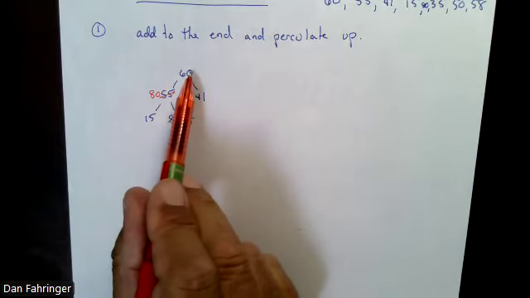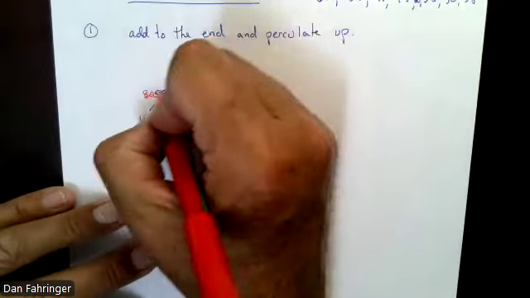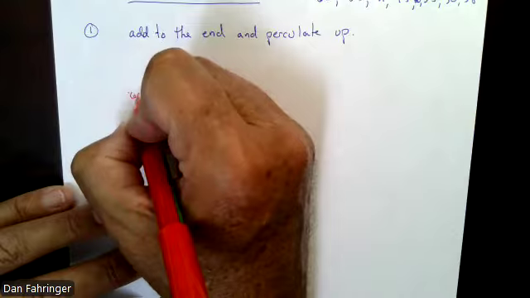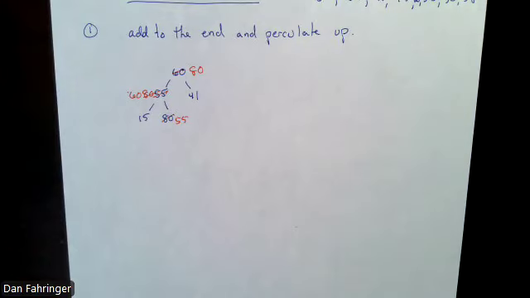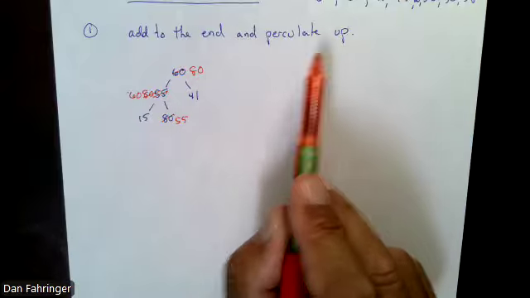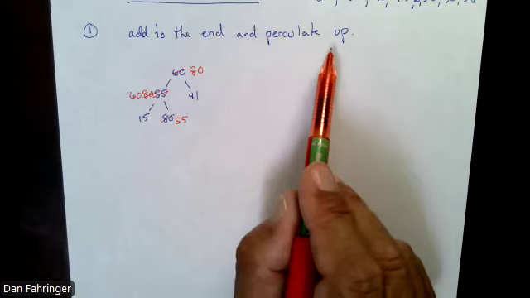Uh-oh, I'm still percolating up. 80 now goes here, and 60 goes here. So it started at the bottom, and if the parent was smaller, we swapped. Start at the end, percolate up would be if the parent is smaller, swap them.